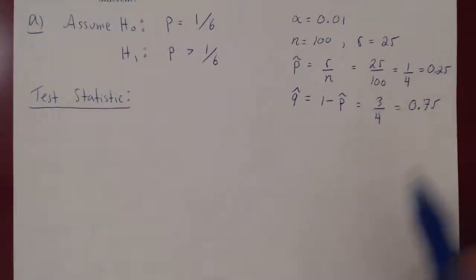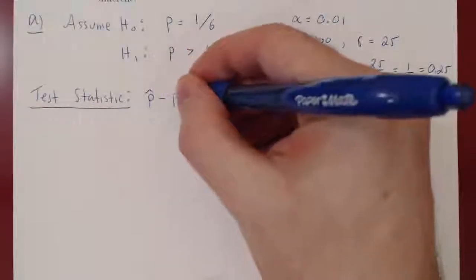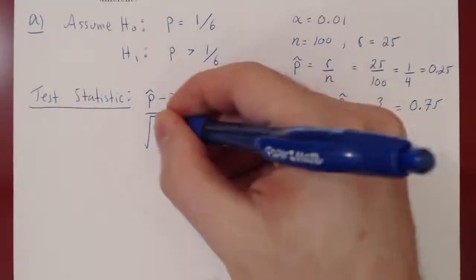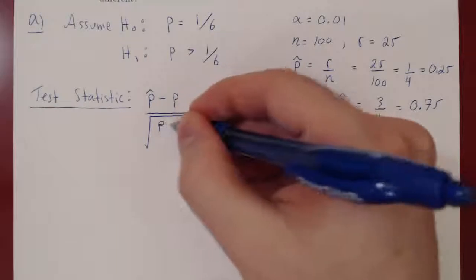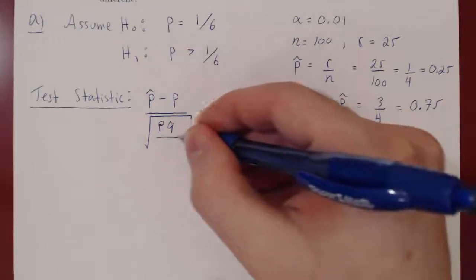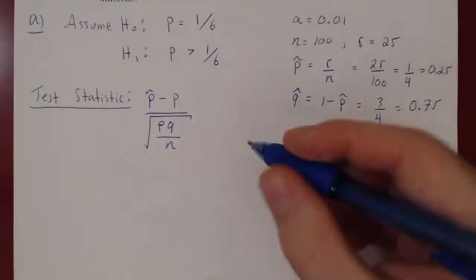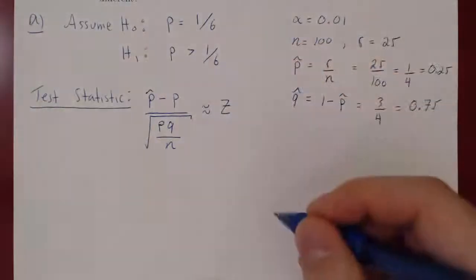So here's our statistic: the sample proportion minus the true proportion over the square root of the true proportion under H naught times its complement q over n. And as we have said, because we have more than 30 observations, this will follow approximately the standard normal distribution.